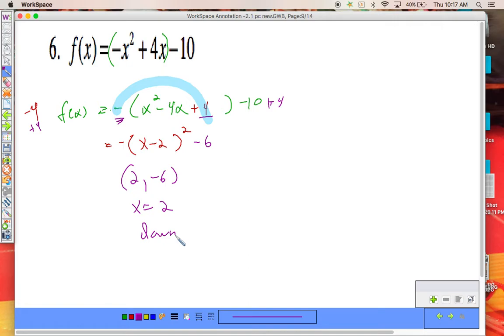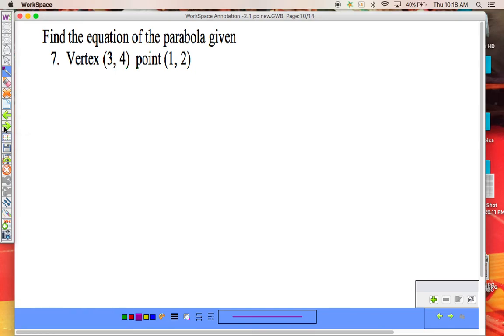Completing the square is a useful method that we will use many different times in different ways. All right, now we're going to find the equation of the parabola that has a vertex of 3, 4, and a point 1, 2. All right, so this is the form I'm going to put it in.